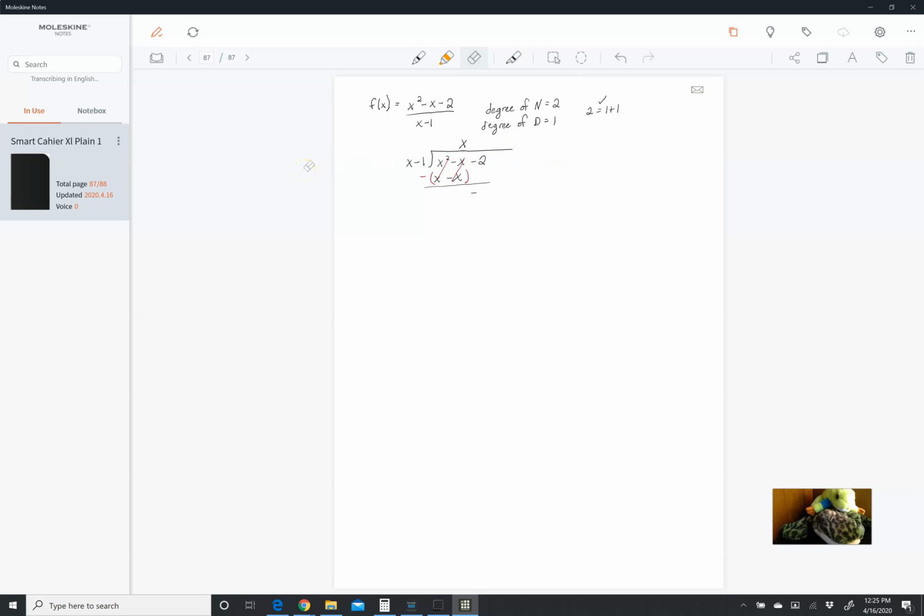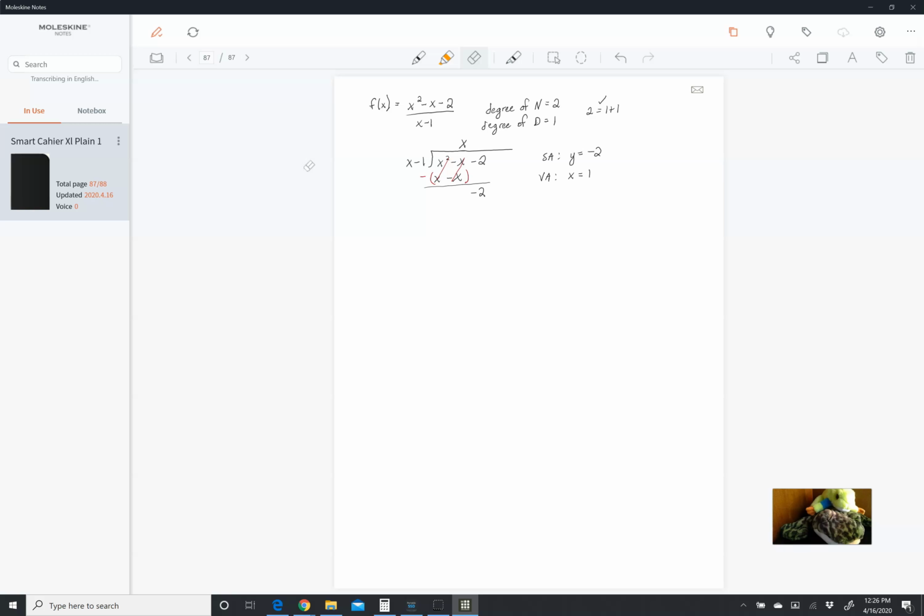We can't divide x into negative 2. So our slant asymptote is at y equals x minus 2, and our vertical asymptote is at x equals 1. Okay, there is no horizontal asymptote. Notice the slant and the horizontal asymptotes are y equals, whereas the vertical asymptotes are x equals.